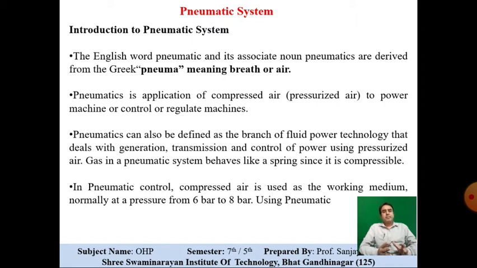So the pressurized air used in the pneumatic system is around 6 to 8 bar. It is not limited to this; we can also increase the pressure depending on our requirement. If our requirement is higher, if we require more air, then this pressure can increase.